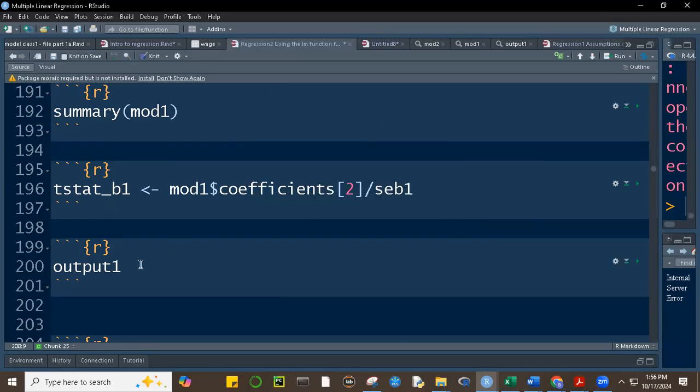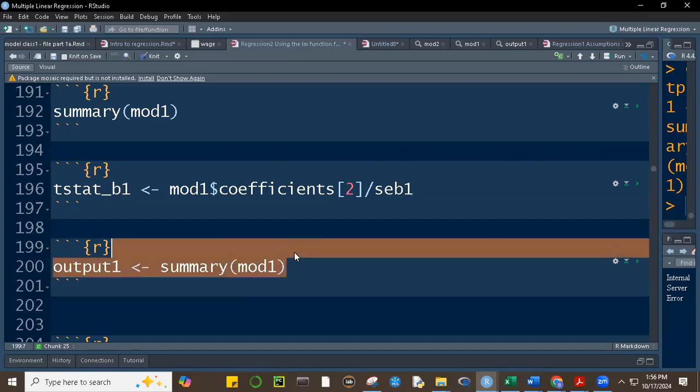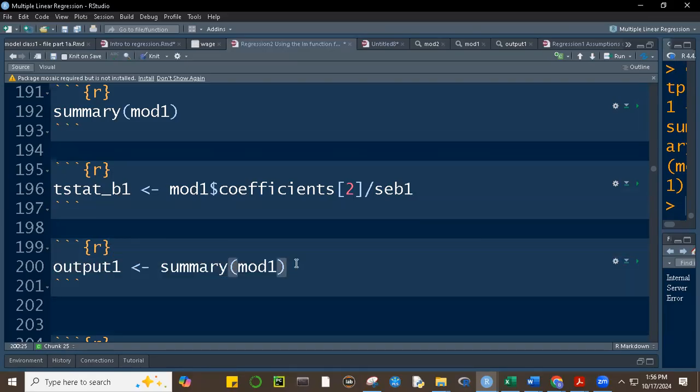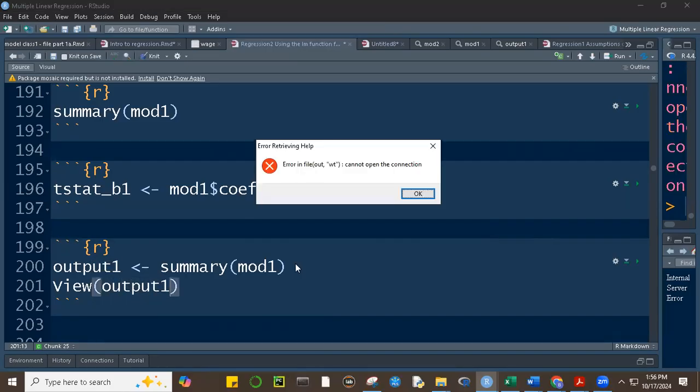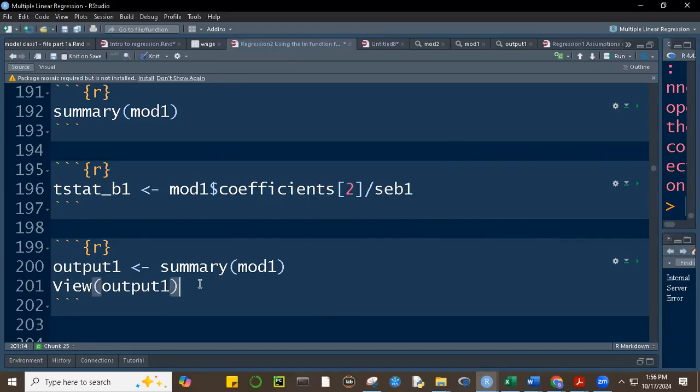And output 1, if you recall, class, is the summary of model 1. Run this, class, and then let's view output 1. This is also Control-Enter.